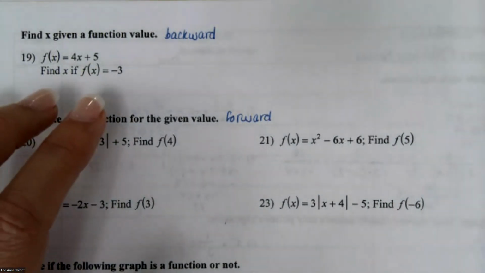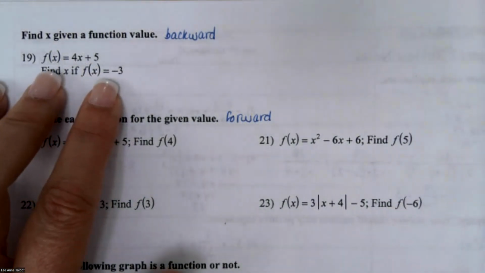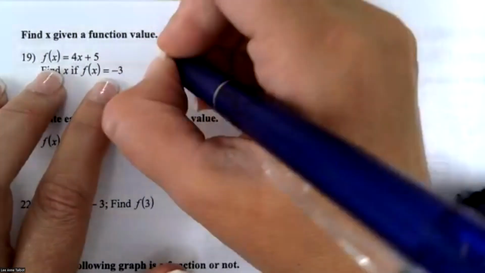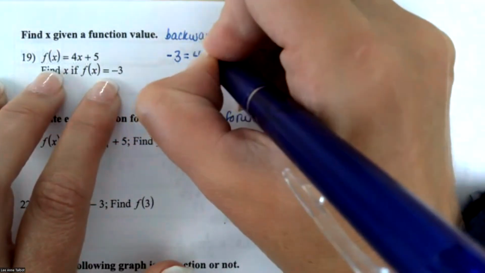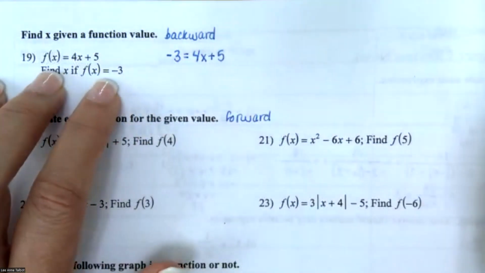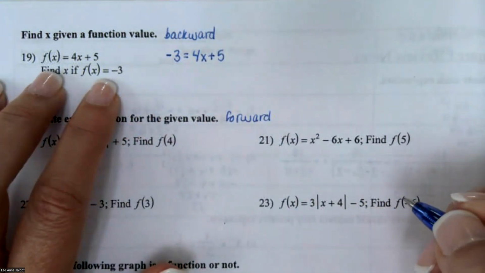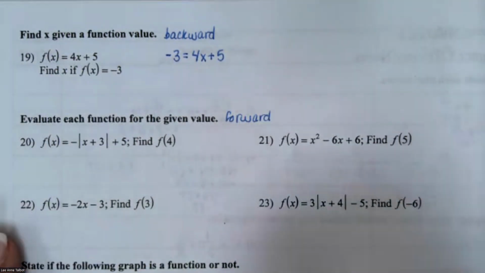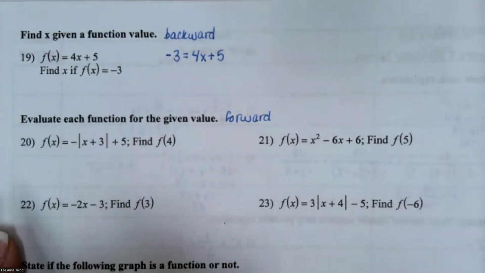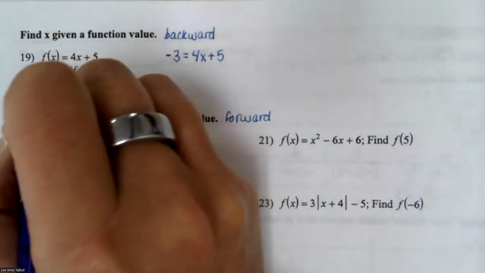Okay, backward function machine. You don't plug it in, you equal it. So -3 equals 4x plus 5. Excellent question. So it's the notation.